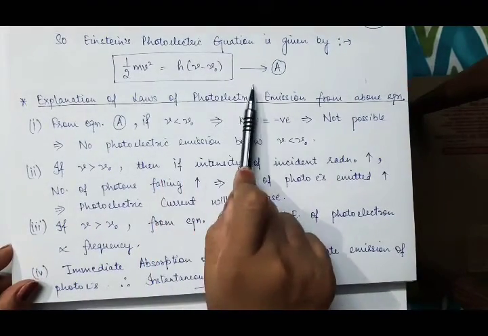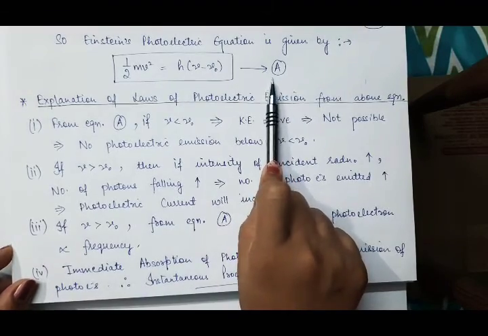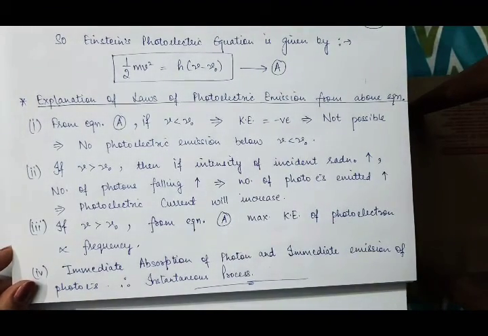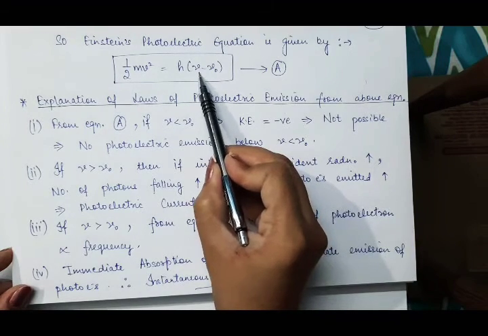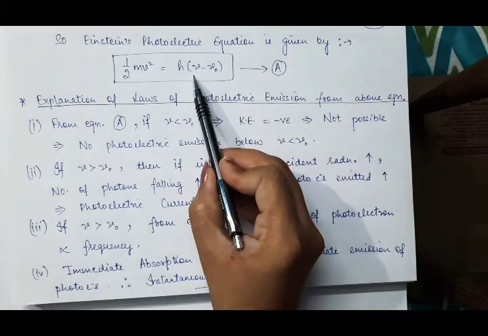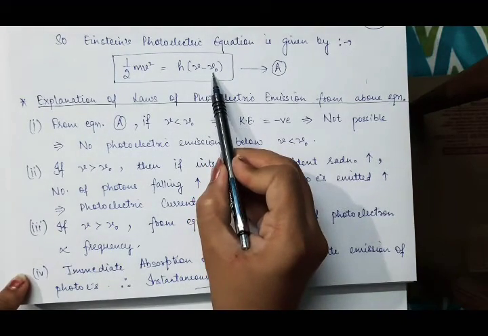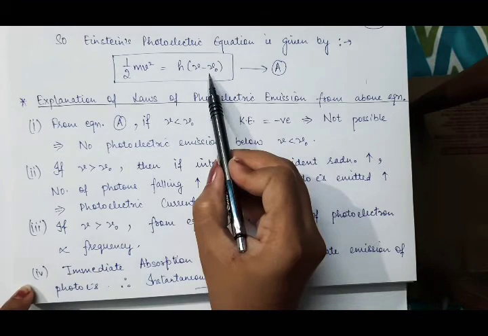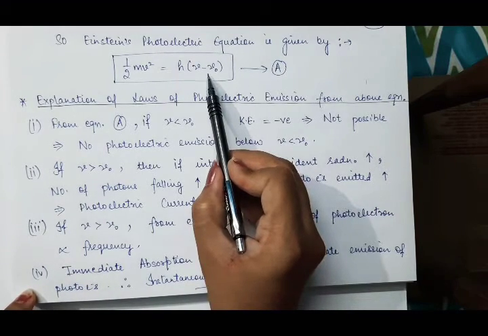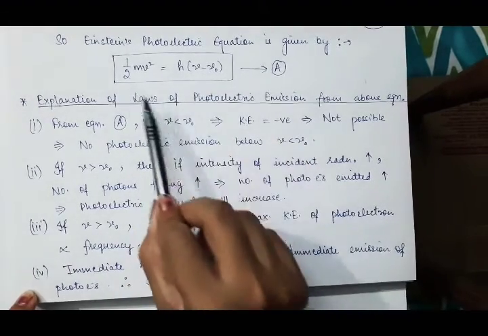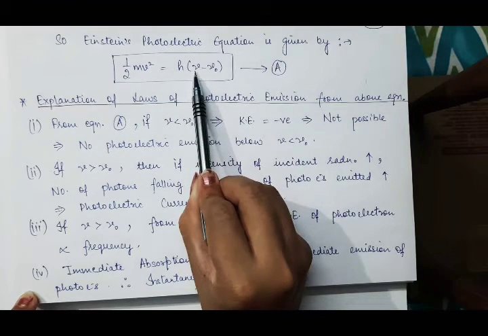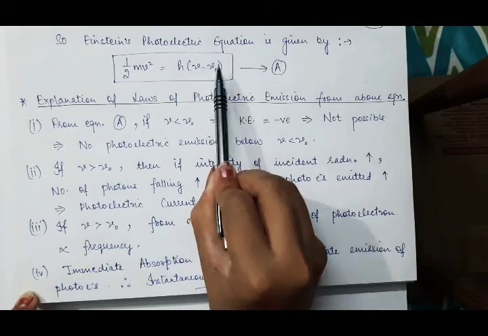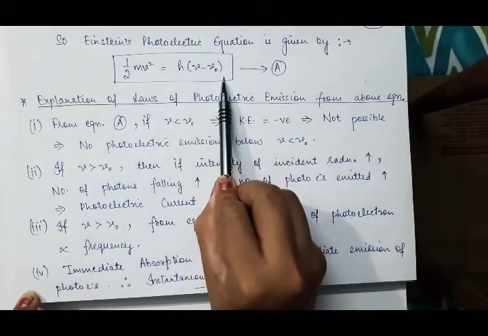Suppose this photoelectric equation is equation A. First case: from this equation you can clearly see why, in the definition of the photoelectric effect, the frequency of the incident photon must be greater than the threshold frequency for photoelectric emission to be possible. If nu, the frequency of the incident photon, is less than the threshold frequency, then the right hand side of this equation will be negative.